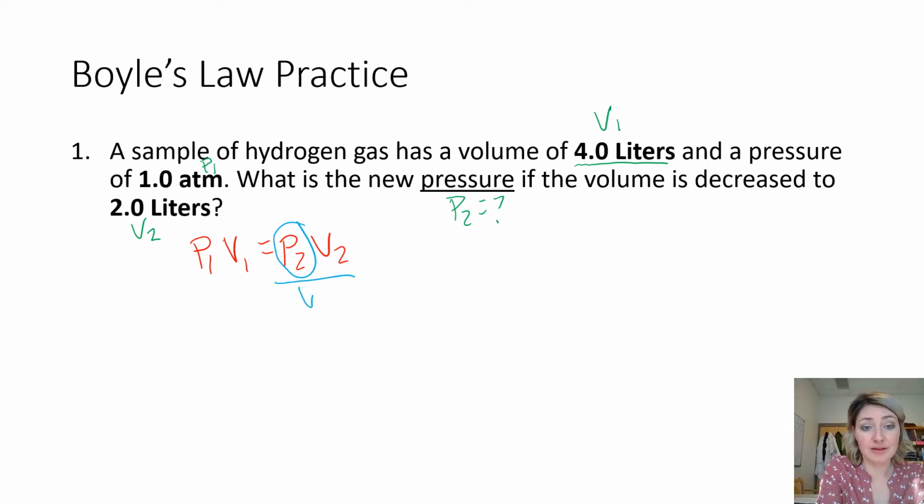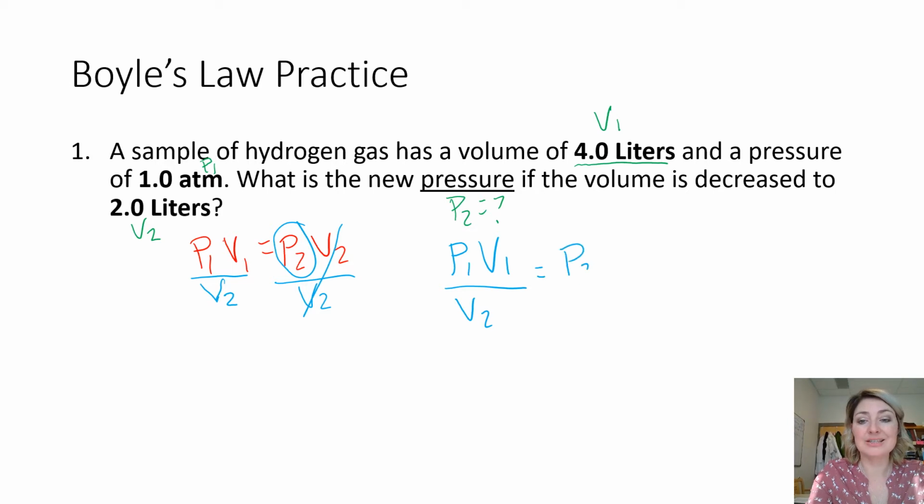I'm going to divide by V2 because I don't want it next to P2 anymore. I want to move it to the other side so I can solve just for P2. If I divide on one side, I have to divide the other side by it. So rewriting this equation, P1 times V1 over V2 is equal to P2. Now I'm ready to start plugging in some of those numbers.